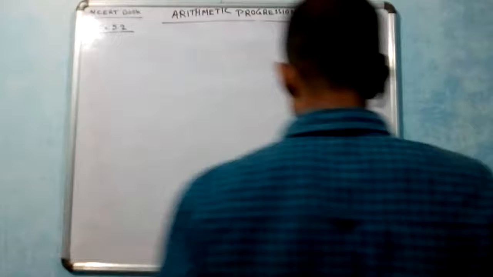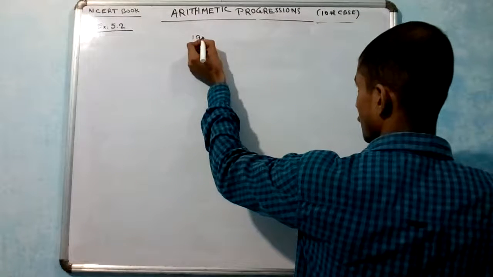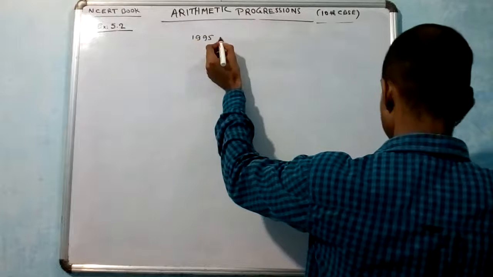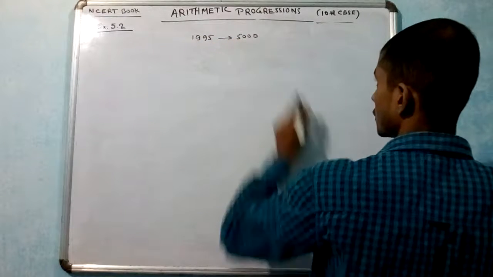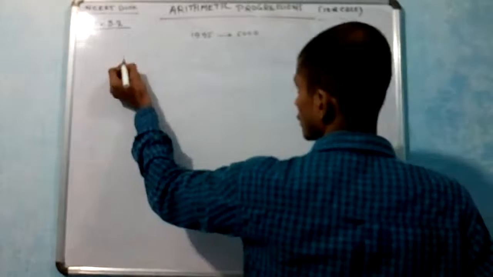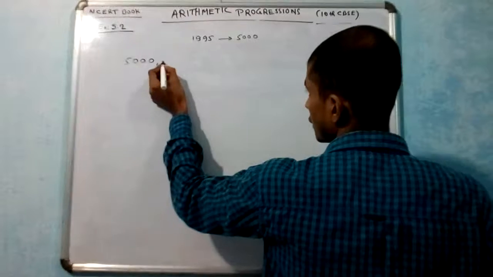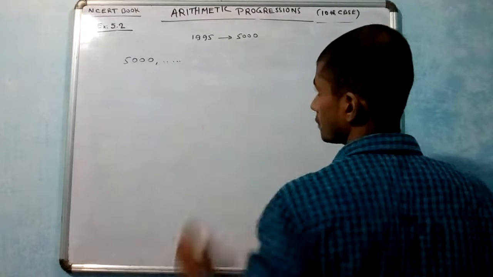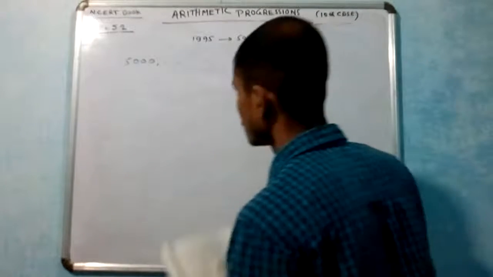Okay, so let me write it. 1995, he got 5,000. So 5,000 was A1. Then 5,200 like that.